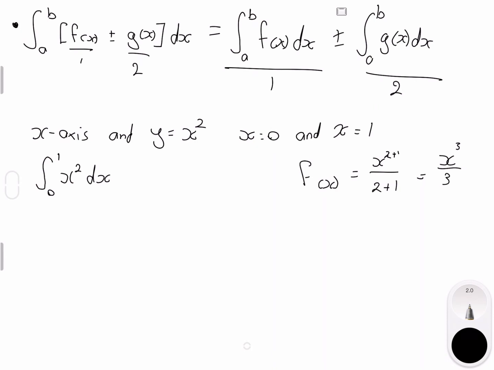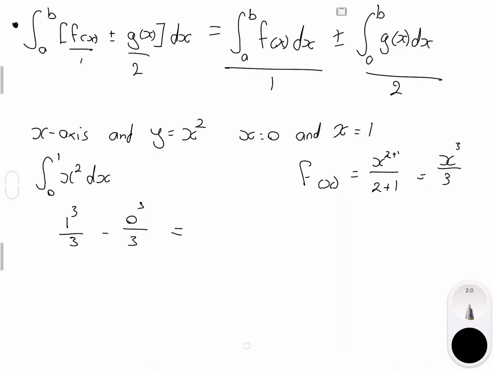Alright, so now that we've got that, what we'll do is, when x is equal to 1, so 1 to the power of 3 over 3, take 0 to the power of 3 over 3.